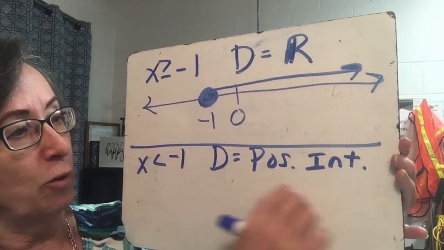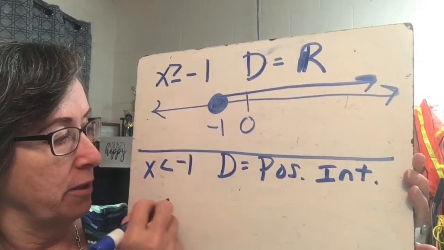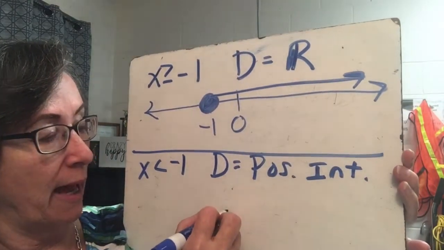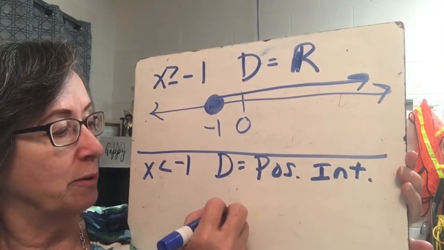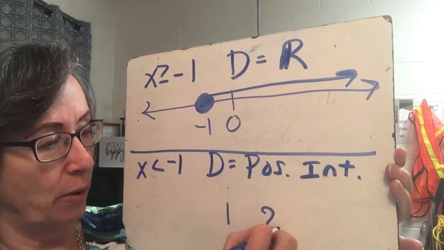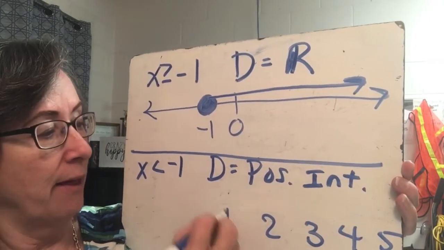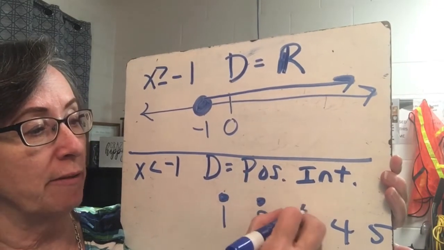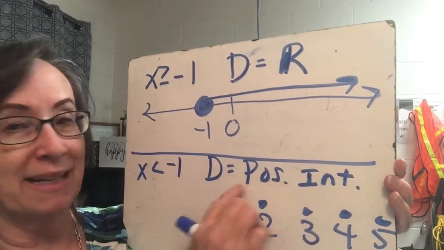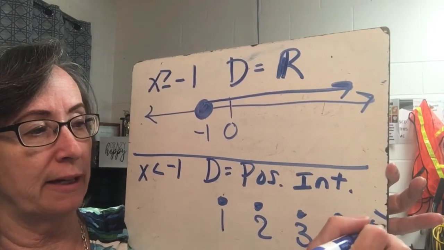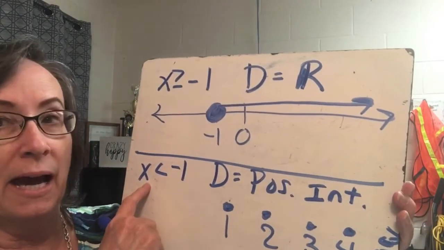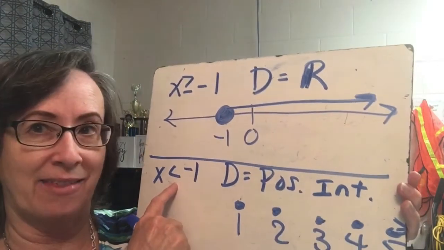Here we have positive integers. On our number line, we would not include 0; we would start with 1, 2, 3, 4, 5. These are the possible values because that's the domain, and it goes off in this direction. But x is less than -1.